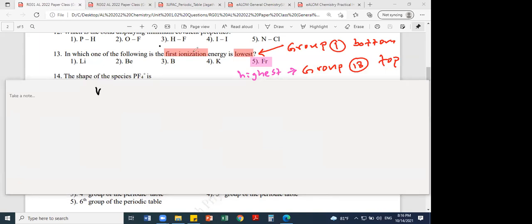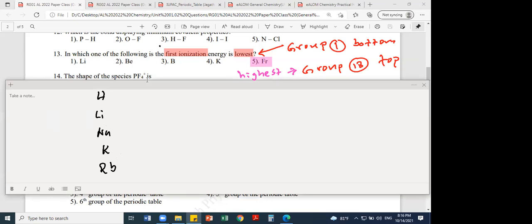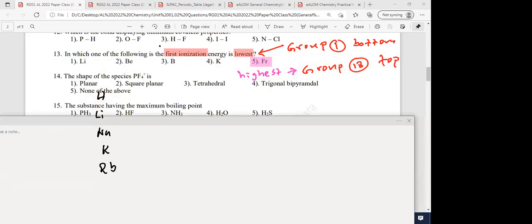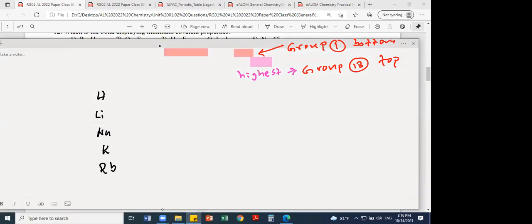Group 1 bottom: hydrogen, lithium, sodium, potassium, rubidium, cesium and francium.